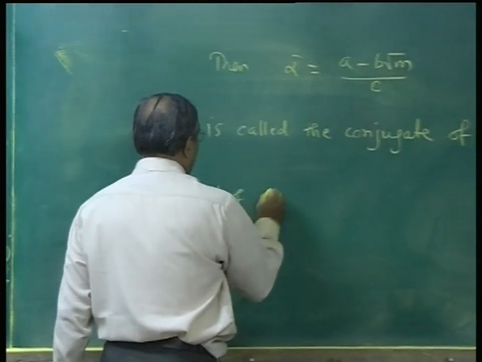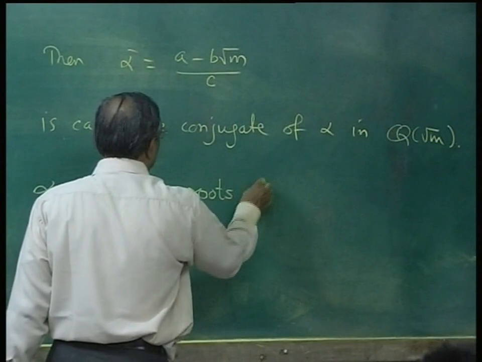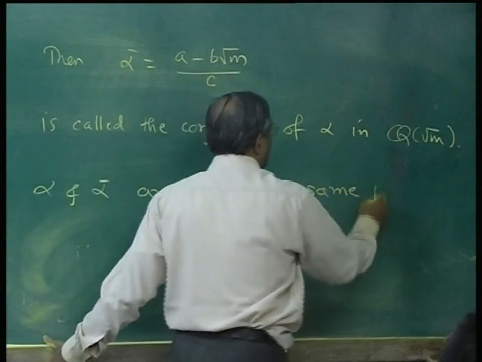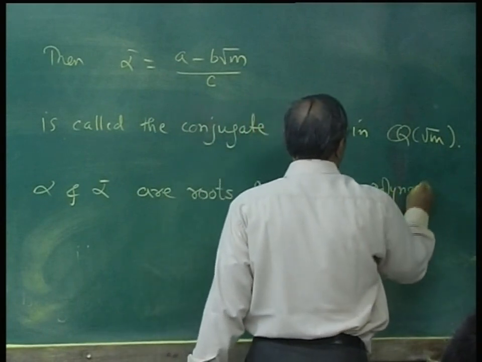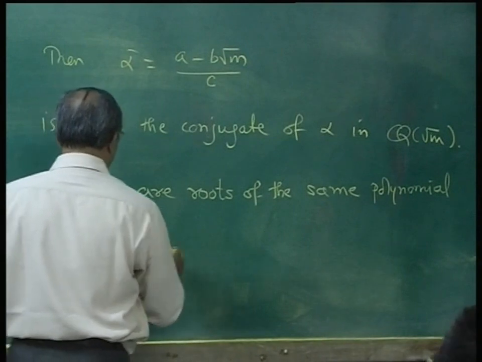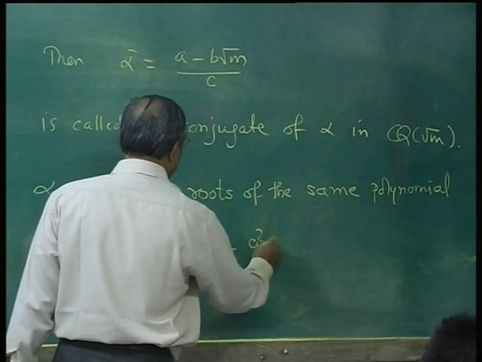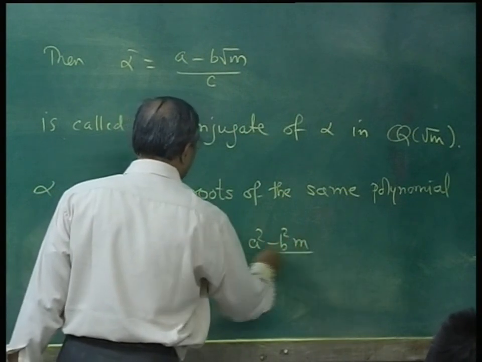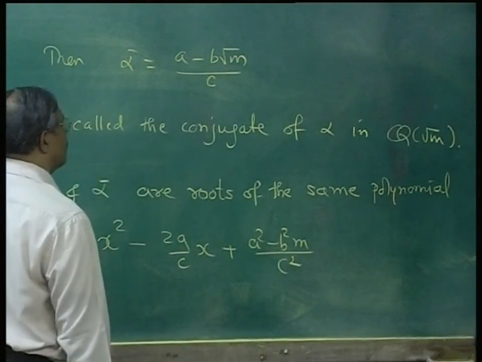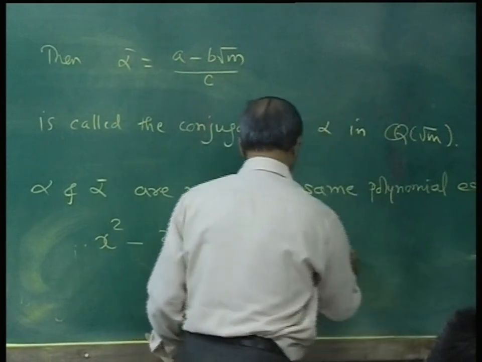Alpha and alpha bar are roots of the same polynomial, x square minus 2a upon c x plus a square minus b square m divided by c square, equal to 0.